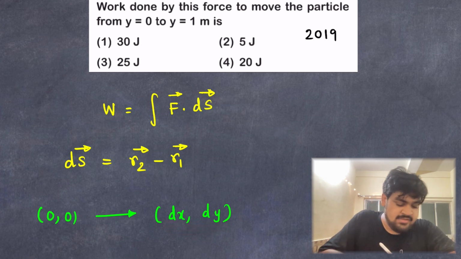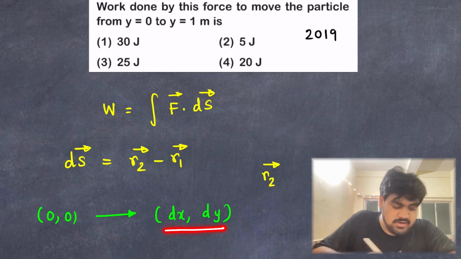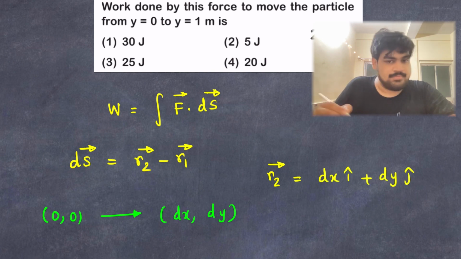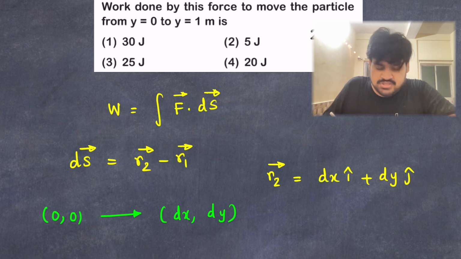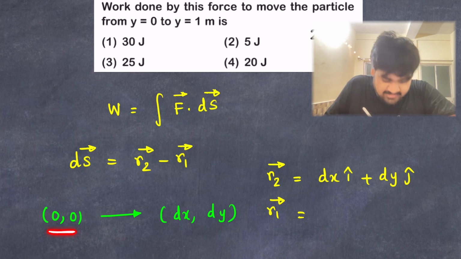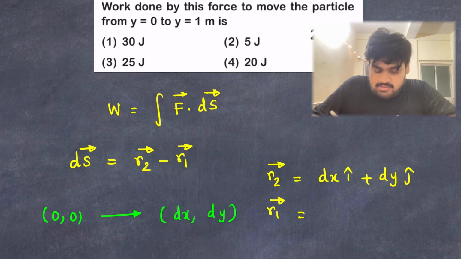So the final position coordinate of the particle is nothing but dx comma dy, that is dx i cap plus dy j cap. And what is the initial position coordinate, your r1 vector? Initially the particle is at 0 comma 0, so r1 vector is 0 i cap plus 0 j cap.